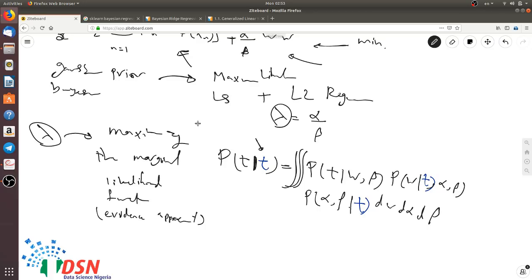I hope that in this session you learned the main difference between the Bayesian approach and the least square approach, and when least square or maximum likelihood is equivalent to the Bayesian approach. Again, the Bayesian approach with a Gaussian prior on the weights in linear models is equivalent to maximum likelihood with L2 regularization. It is one of the main reasons for using L2 regularization in linear models.